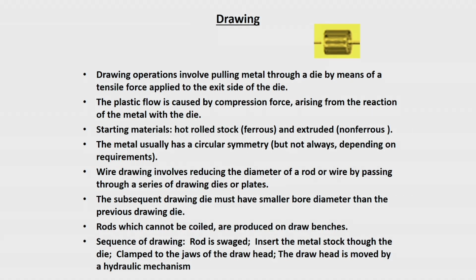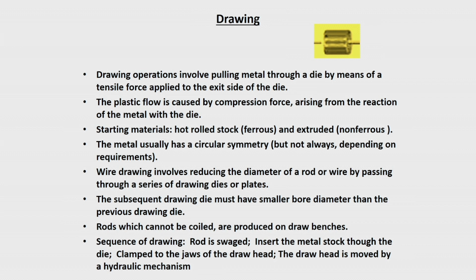Since it is swaged, the strength of the material at that tip portion will be higher, so you can pull it with sufficient strength. So, the rod is first swaged, then they insert the metal block through the die.